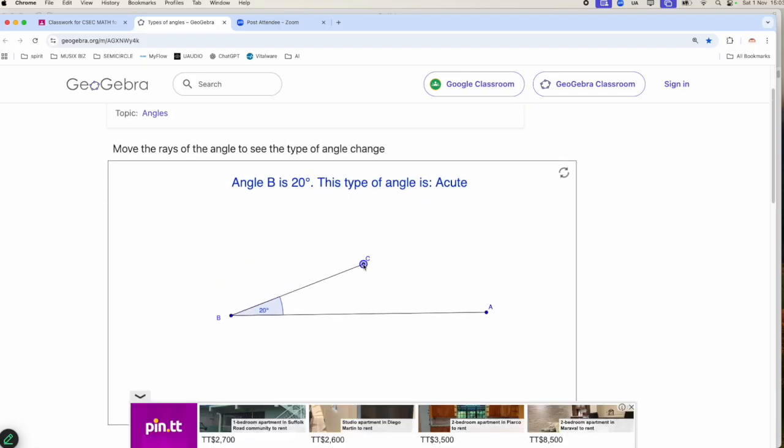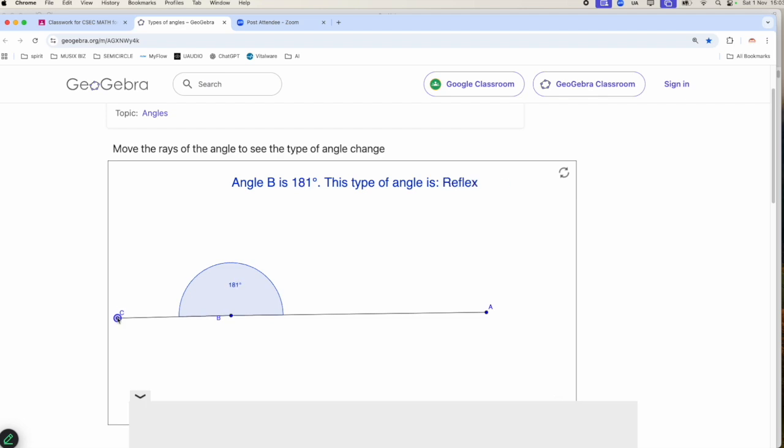Like you can see, we have the acute angle, which is less than 90, up to like 89. Then as we hit 90, it's a right angle, and anything above 90 gives us an obtuse angle until we hit 180 degrees, and that is our straight line angle.